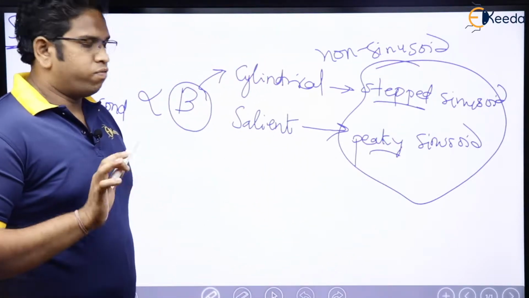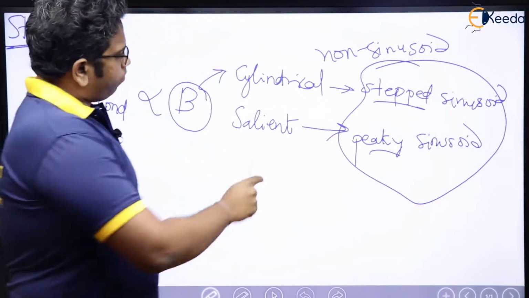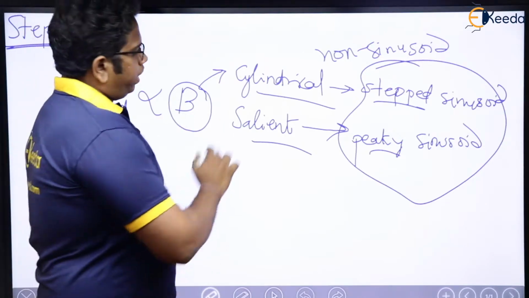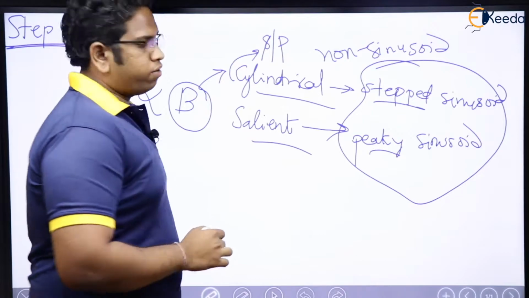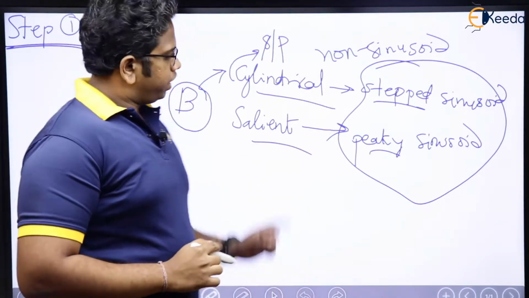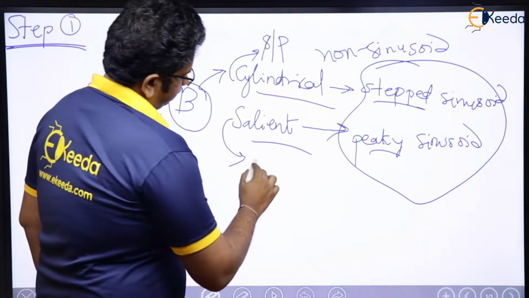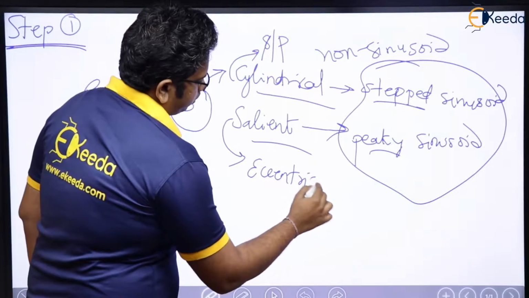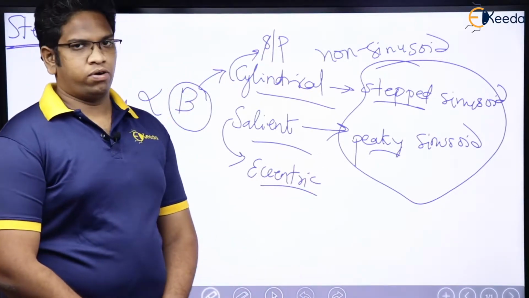Now, see here, very important thing. The moment these are non-sinusoids, we have done some arrangements here. We came to know that in case of cylindrical rotor, if we increase slots per pole, we can have the stepped sinusoid, right? And here, if we have an eccentric structure, then we will have this kind of waveform.